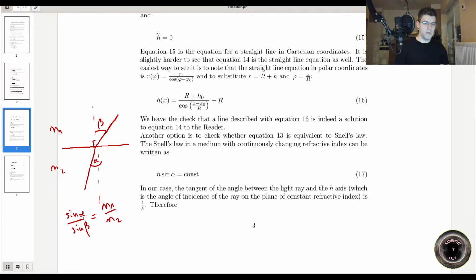If we cross multiply, this takes the form n2 sine alpha equals n1 sine beta.